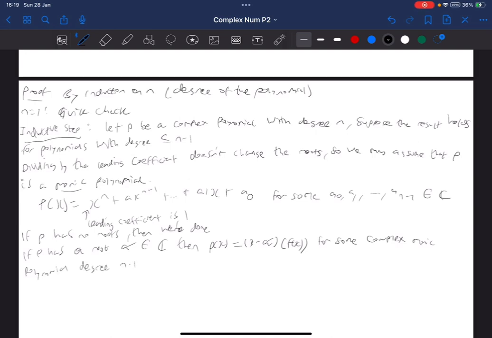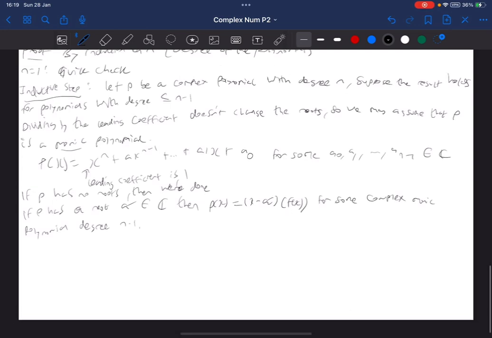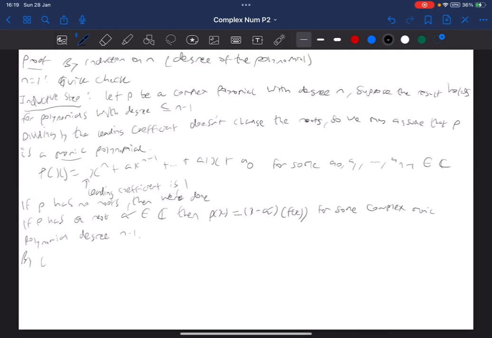of degree n-1, and of course with induction we conclude using the inductive hypothesis.